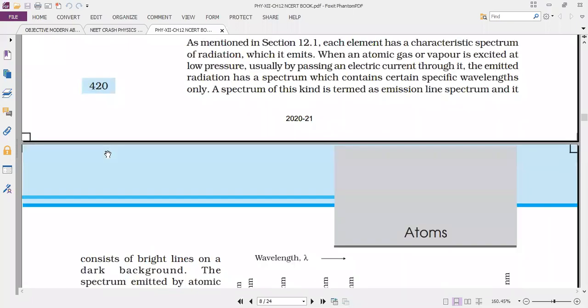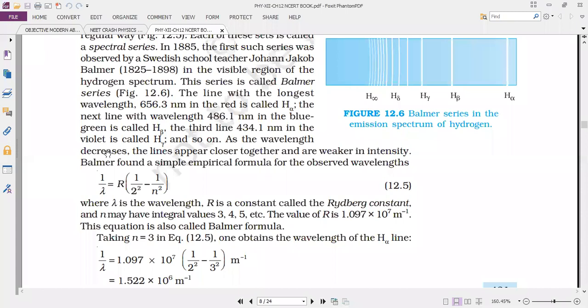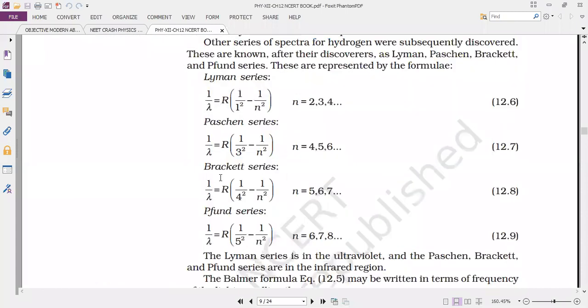Atomic spectra. Next is spectral series: Lyman, Balmer, Paschen, Brackett, and Pfund. These are all the things we discussed now. These are the formulas, okay, we can use in this formula directly for the problems.